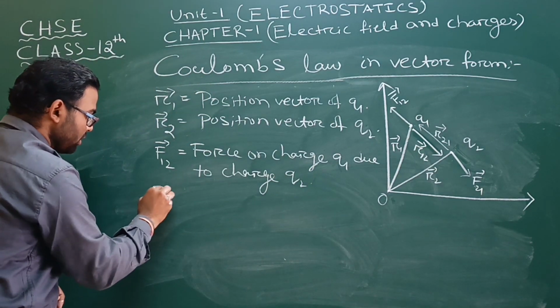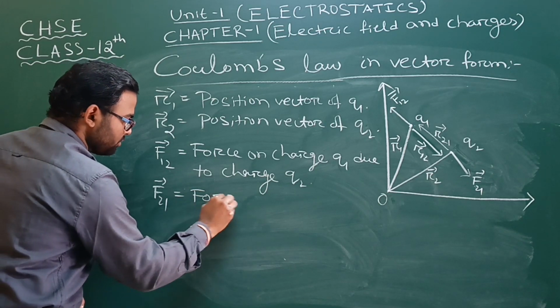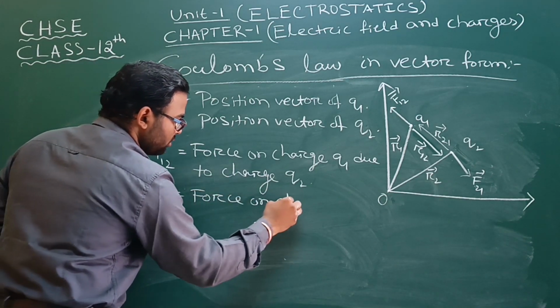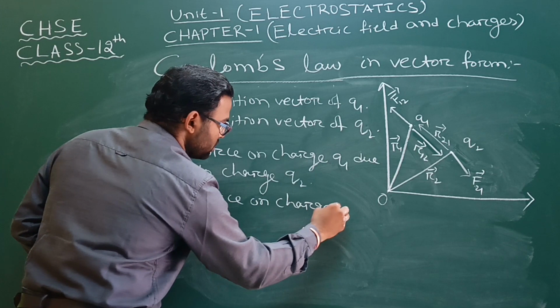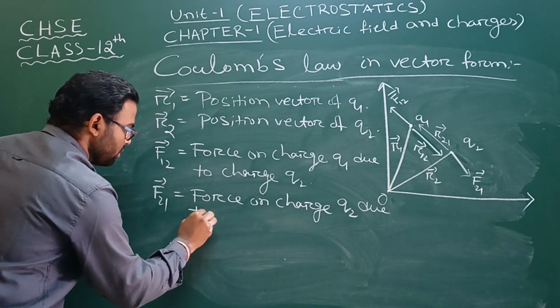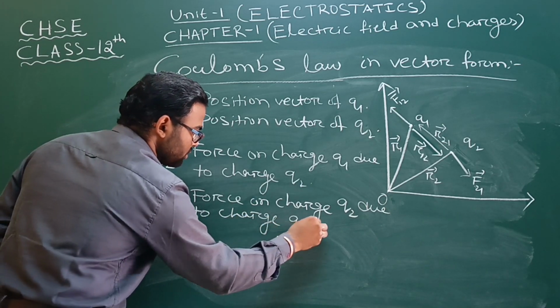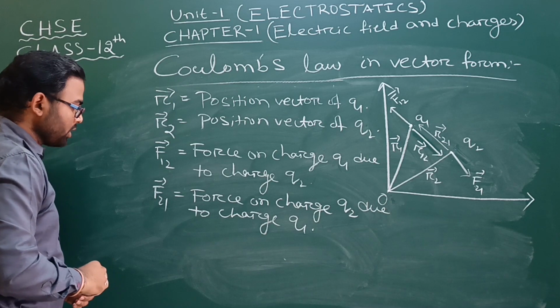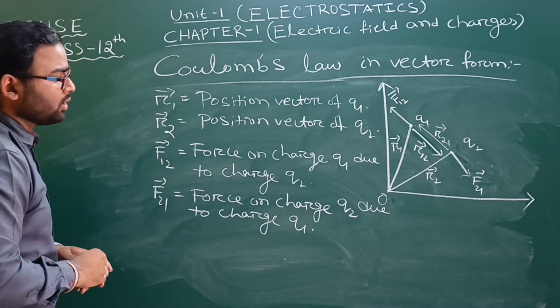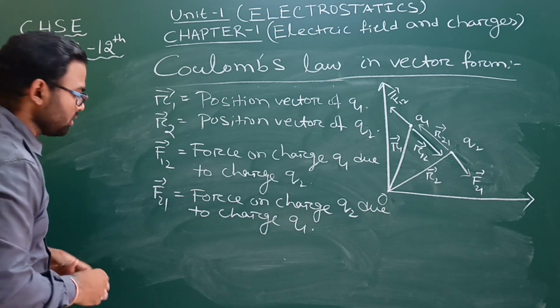F21 vector is force on charge q2 due to charge q1. Okay, then there are two vectors called displacement vector.